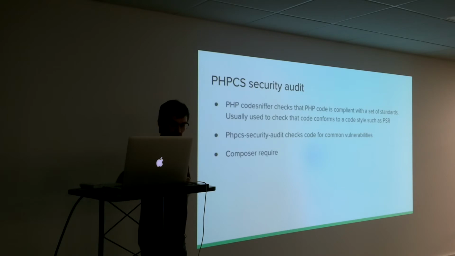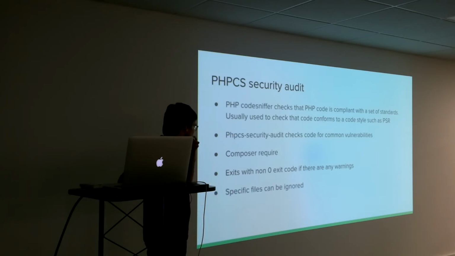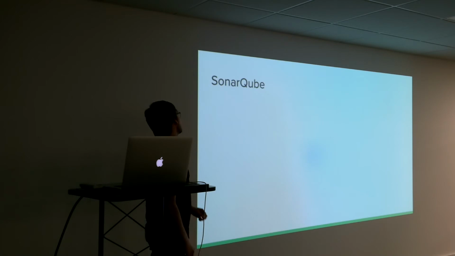You can pull it in with Composer. And again, if there are any issues, it exits with a non-zero exit code, so you can just drop that straight into your continuous integration setup. And you can choose to ignore any files via comments or adding a list to the command that you run.